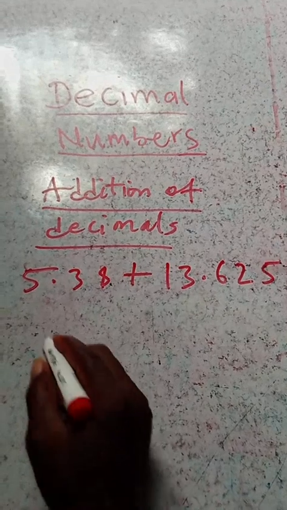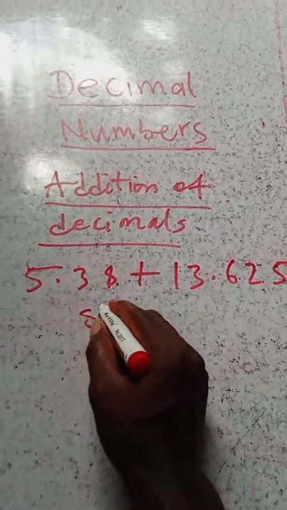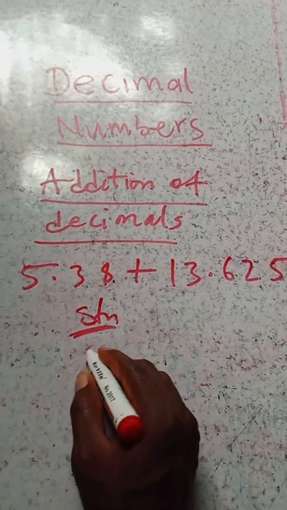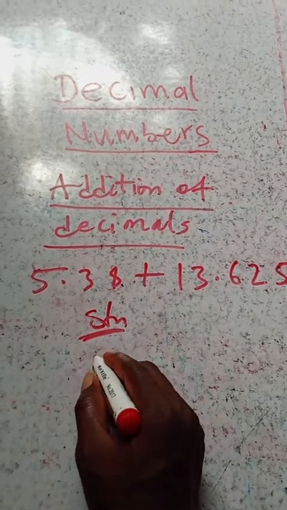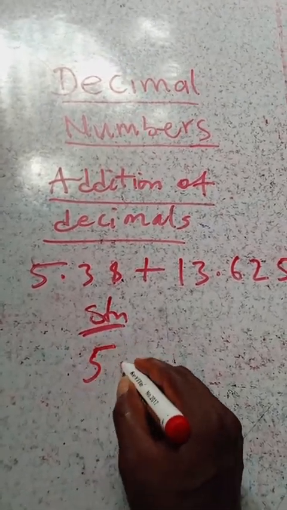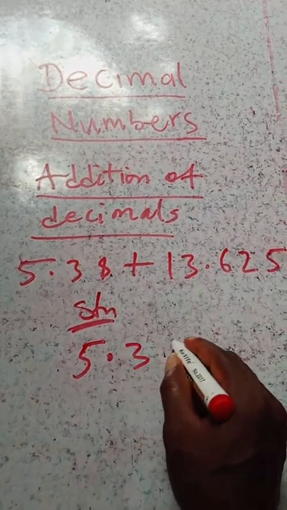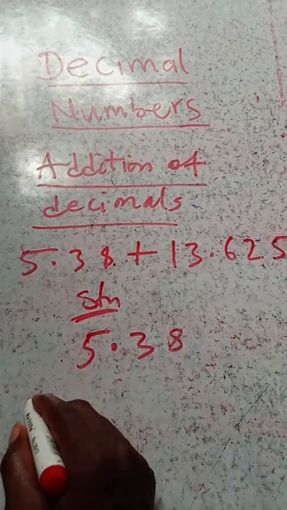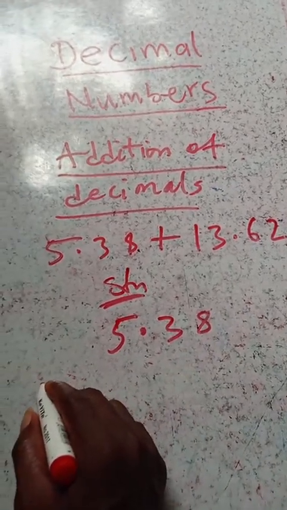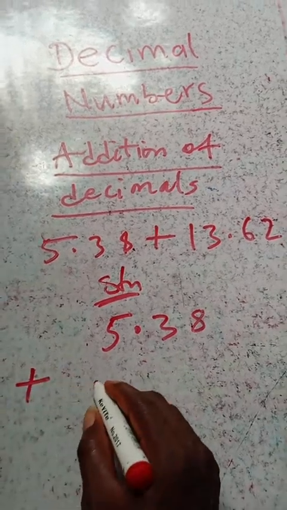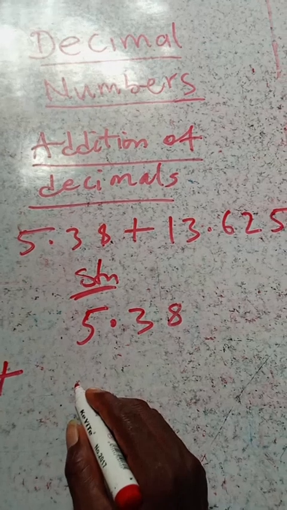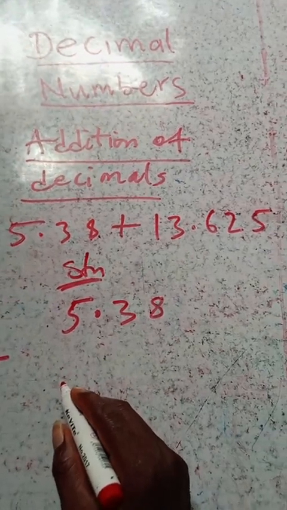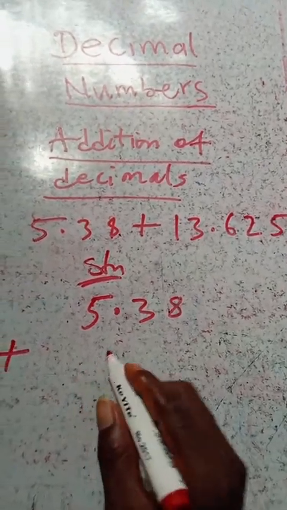So how do we do it? Solution: we are going to write 5.38, then plus 13.625. Now look at it.